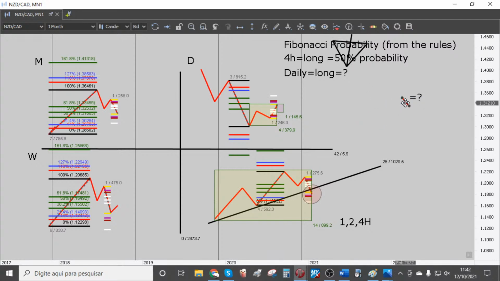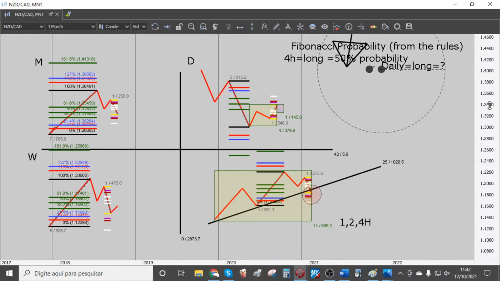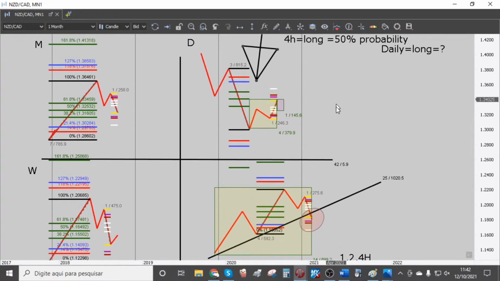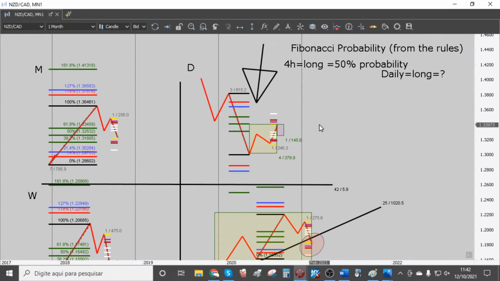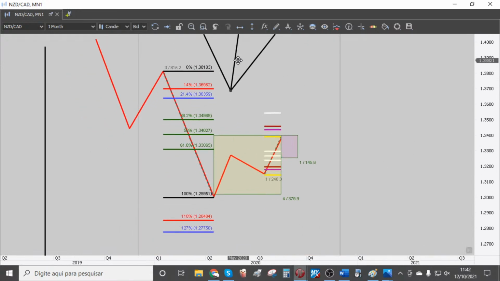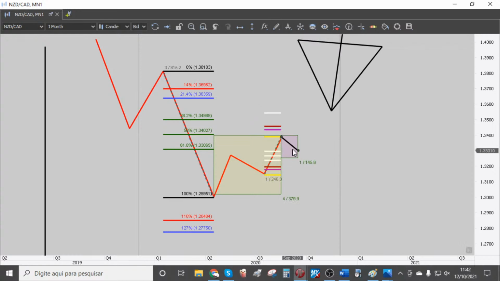Now when we are addressing the trade to go long, we need to address the contrarian Fibonacci from the daily. And we need to see what is happening with the contrarian. Does the contrarian have a confirmed C? Something like this.